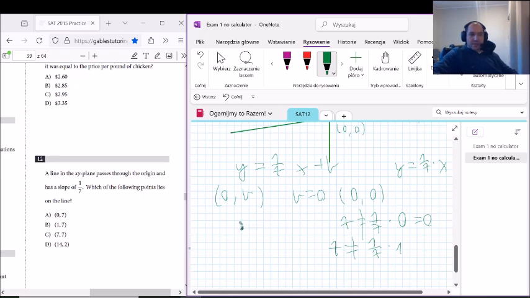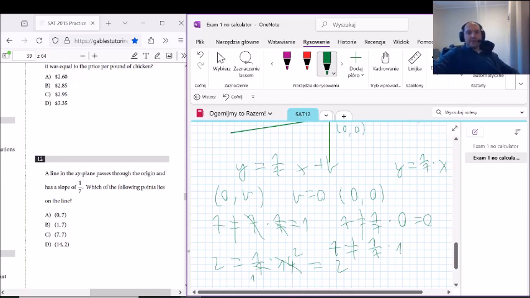For C, we will have 7 equals 7 times 1/7. It simplifies to 1, but it's still not 7. And for 14, 2, we get 2 equals 1/7 times 14. It simplifies by 7, so it is 1 times 2, which equals 2, and that's okay.